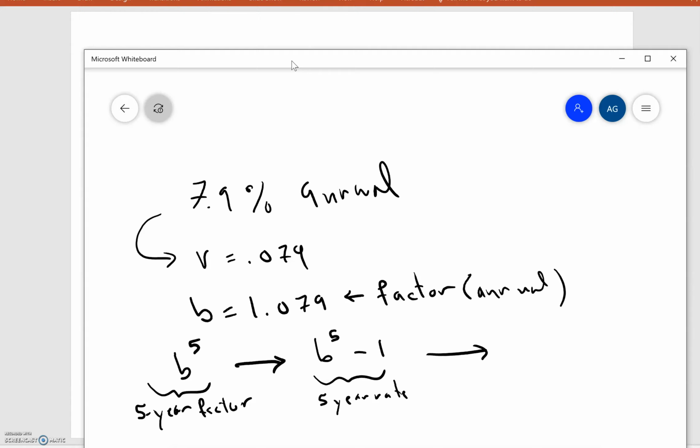And then finally, to put it in percent form, we multiply this by 100.